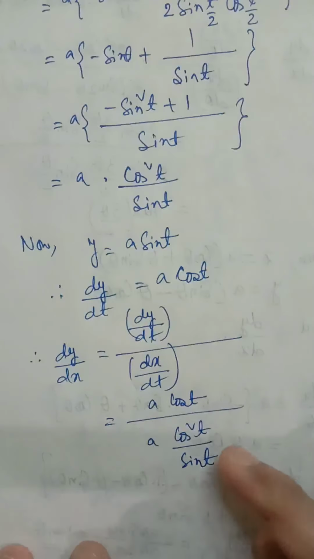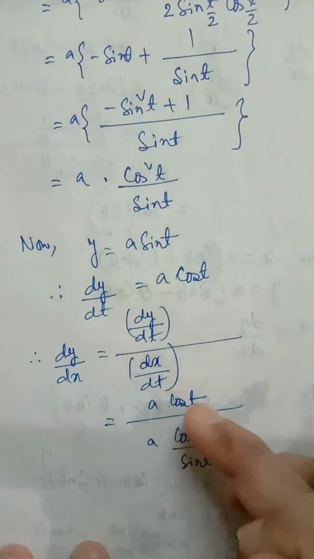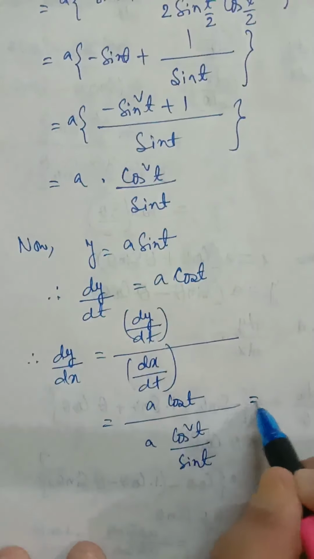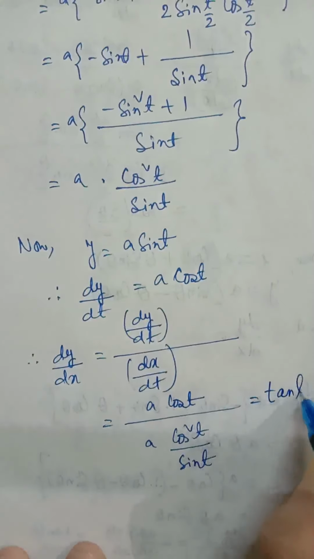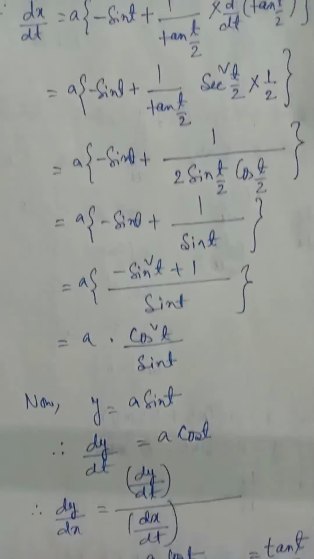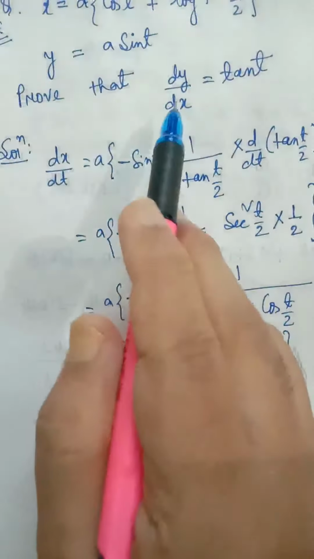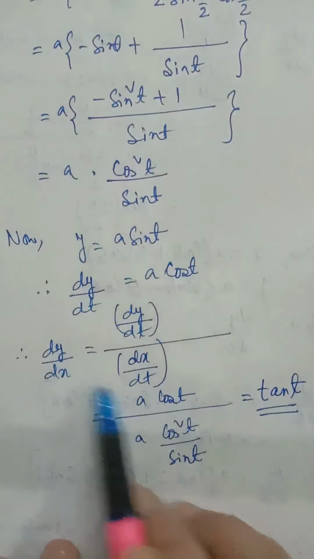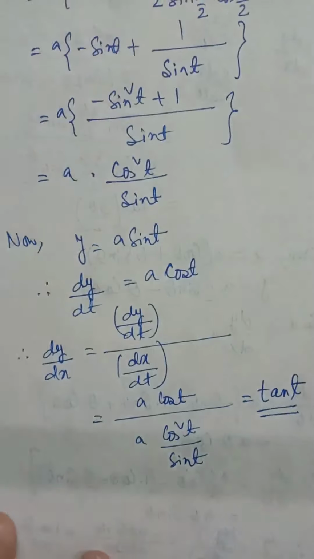A will get cancelled, sin t will come in numerator, and one cos t will get cancelled. Ultimately this will be equal to tan t. So this is the answer. The question is to prove dy by dx equal to tan t, and here we get dy by dx equal to tan t.